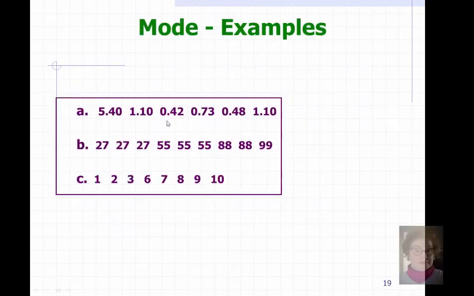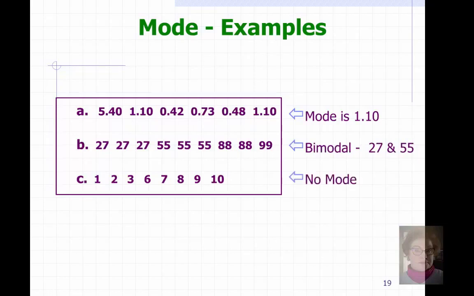For example, in set A, I see that 1.10 happens twice, so that's the mode. Notice that in data set B, 27 happens 3 times, 55 happens 3 times, so it's bimodal, it has 2 modes. And notice in set C that no number happens more often than any other, so we say it has no mode.